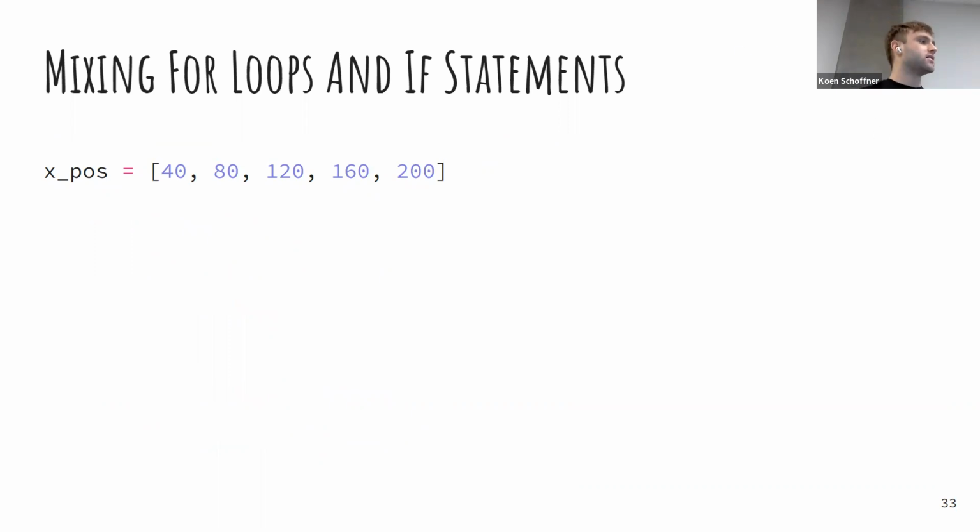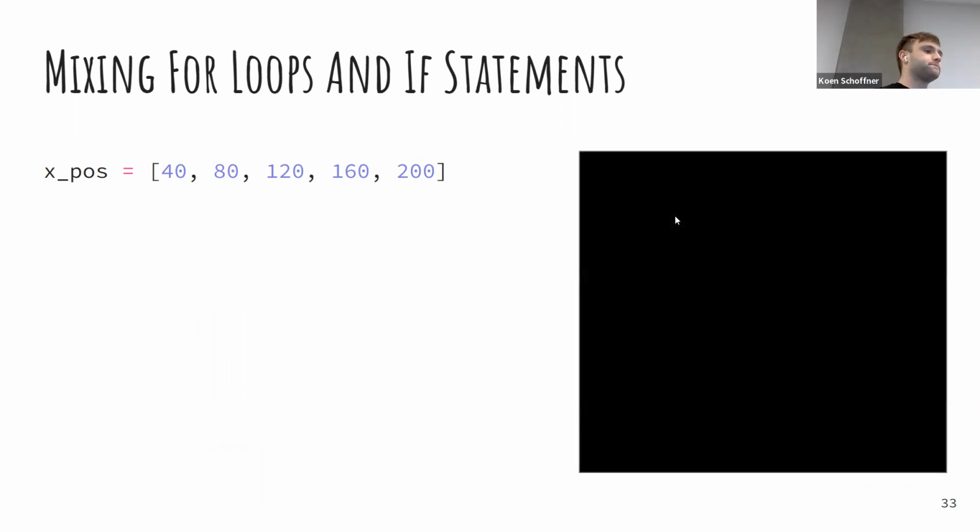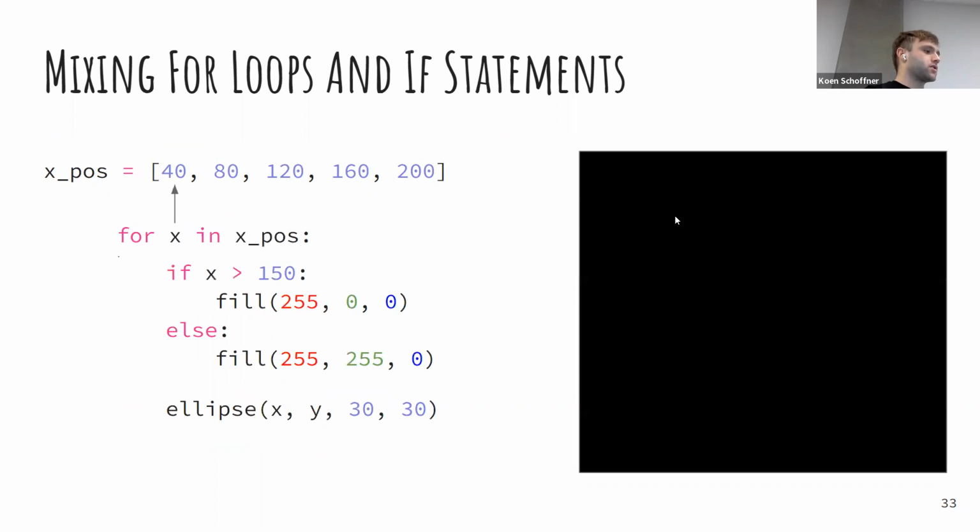Nice, Sean. So this is an example of mixing for loops and if statements, right? For x in each position of x position, it's a bit complicated, but x, as you guys can see here by this arrow, starts off as 40, right?